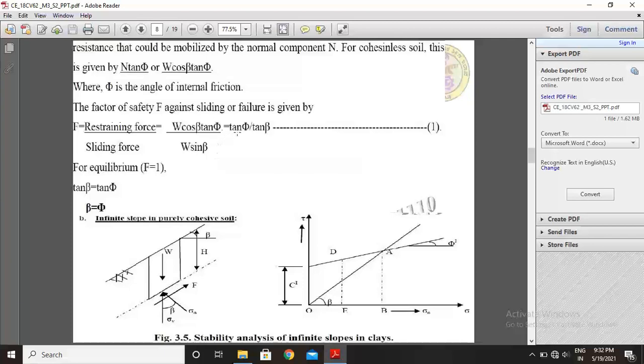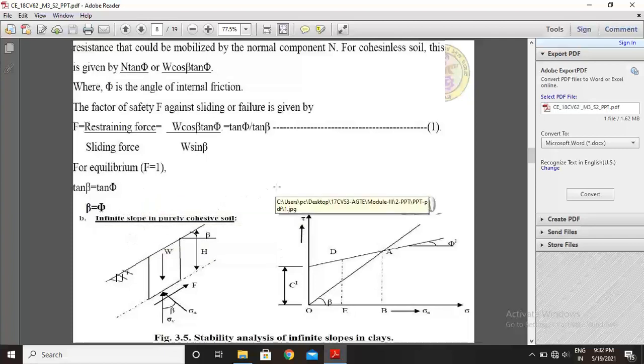So now it becomes tan phi by tan beta. This is equation 1. For equilibrium, F equal to 1, then tan beta equal to tan phi. Therefore beta equal to phi.